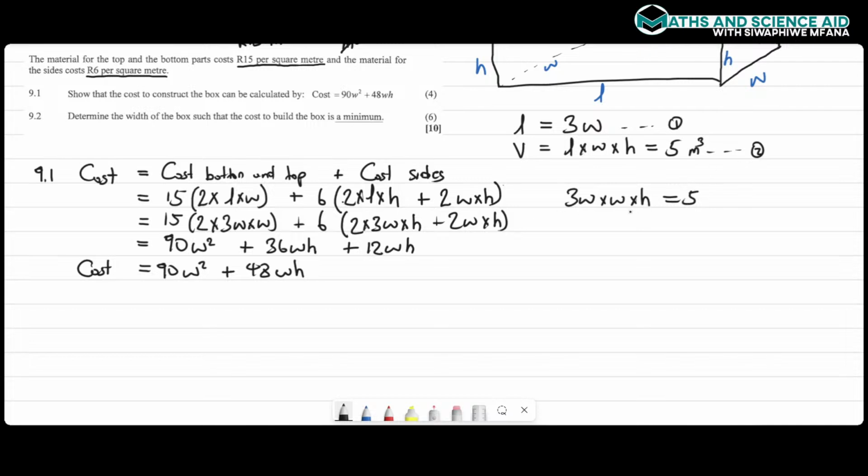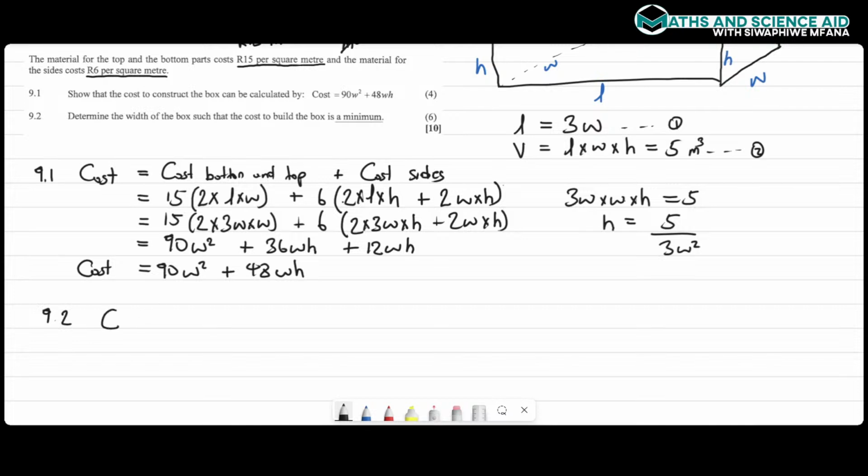And now we just need to make H the subject of the formula here. So if we do that, we'll have H equals 5 divided by 3W squared. So that's our H. So in 9.2, that's the very first thing that we need to do.